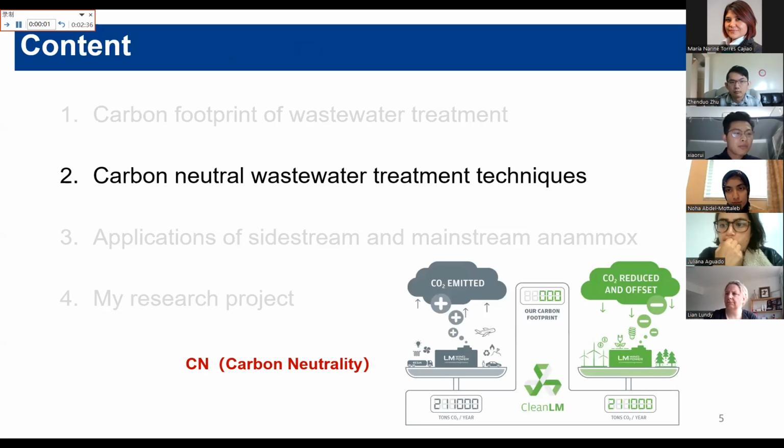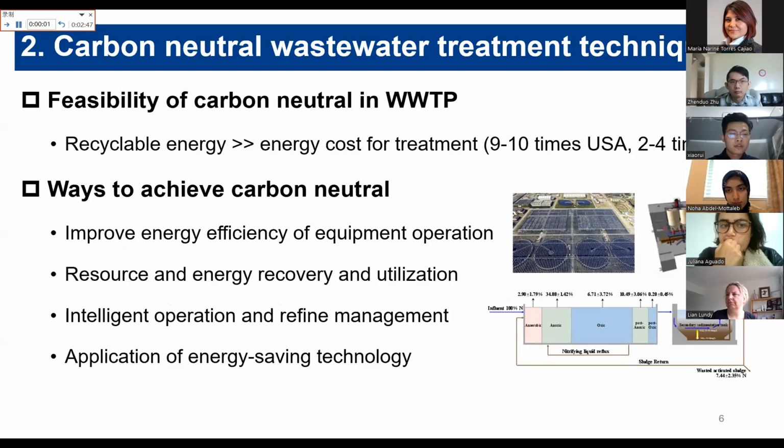Carbon neutrality means having a balance between emitting carbon and absorbing carbon from the atmosphere in carbon sinks. Statistically, we found that the energy in wastewater is much higher than the energy cost for treatment. Therefore, it's feasible to achieve carbon neutrality in wastewater treatment.